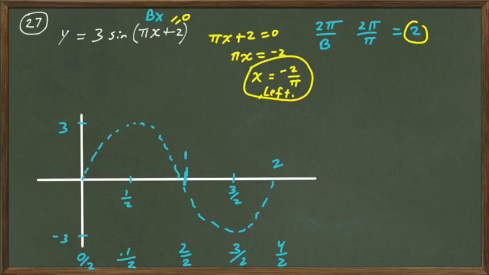This is a question I would not ask on a quiz. If this is at 0 and I move it 2 over pi to the left, it would be at -2 over pi. If this is 1/2 and I move it 2 over pi to the left, would it be at 1/2 minus 2 over pi, comma 3?